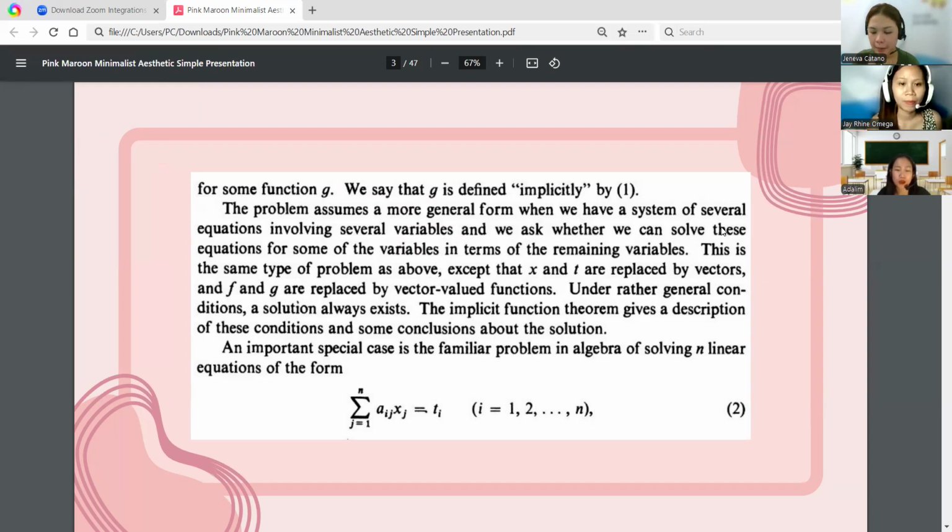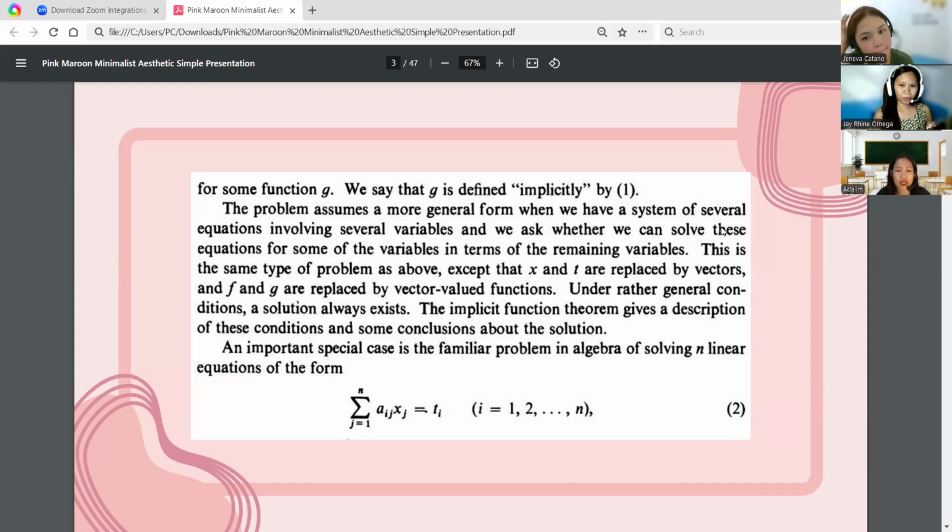The problem assumes a more general form when we have a system of several equations involving several variables, and we ask whether we can solve these equations for some of the variables in terms of the remaining variables.